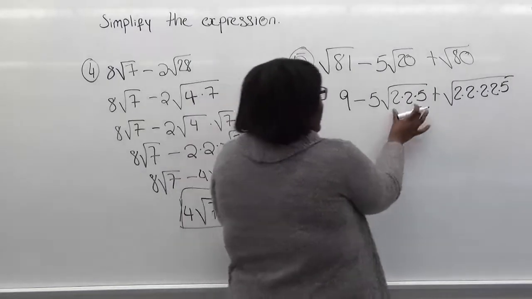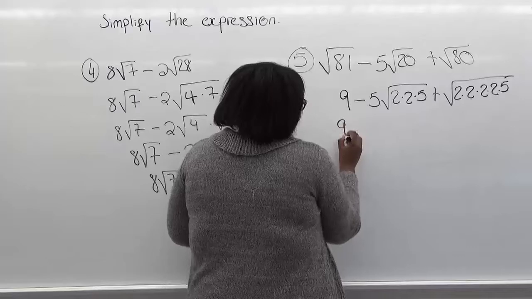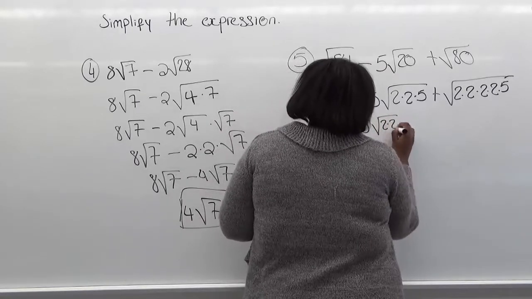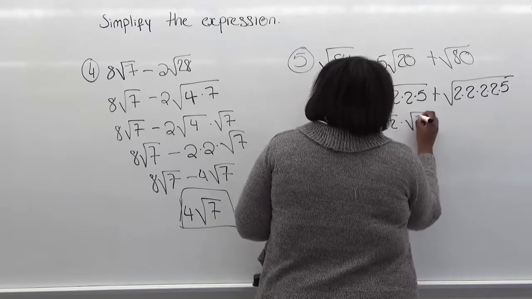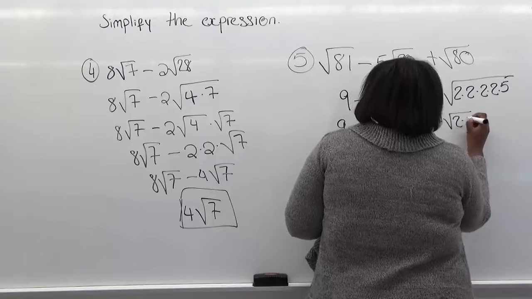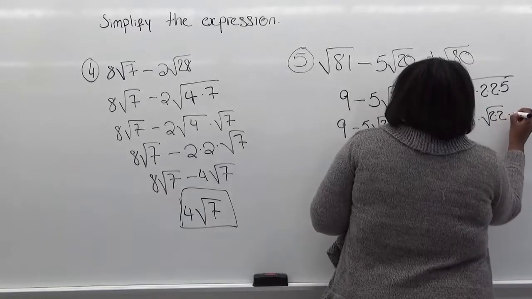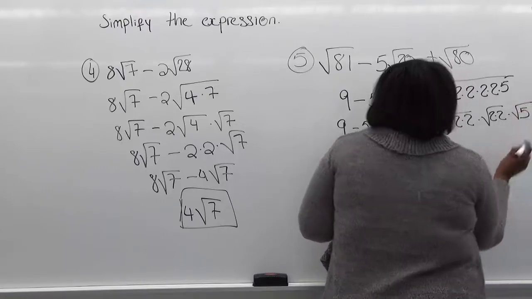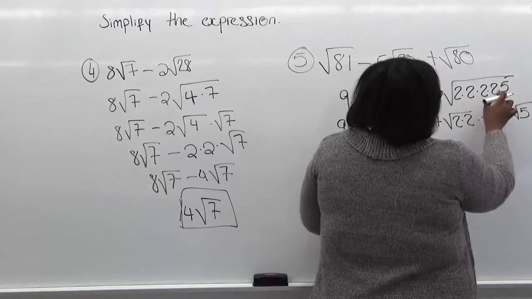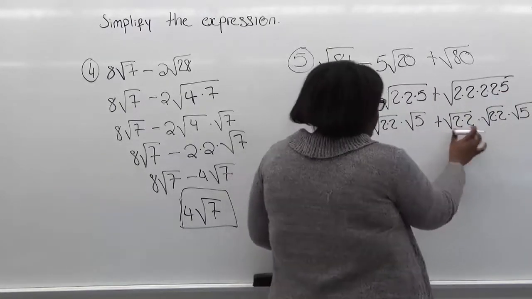So now we're going to rewrite these two radicals in sets of pairs. So we're going to have 9 minus 5 times the square root of 2 times 2 times the square root of 5 plus the square root of 2 times 2 times the square root of 2 times 2 times the square root of 5. Now we're not putting 2 times 2 times 2 times 2 under one radical because we're doing it in sets of pairs.